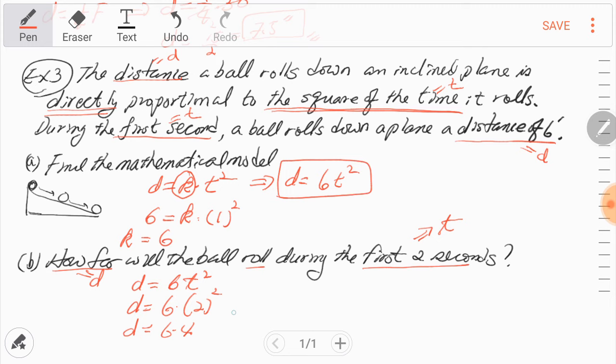Then finally, the distance is 24 feet. So after 2 seconds, the ball will roll 24 feet.